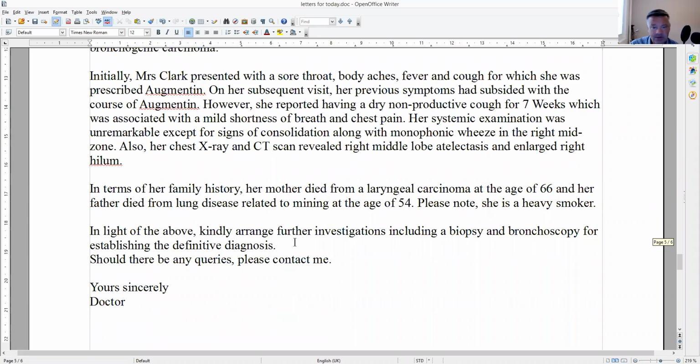Okay. So the family history, right? I've seen this before. Now, the mother's cancer. Okay, but lung disease. So her father, it was a miner. So that's not genetic, though, is it? Because it's occupational. It's occupation related.